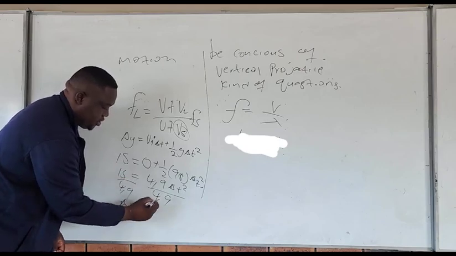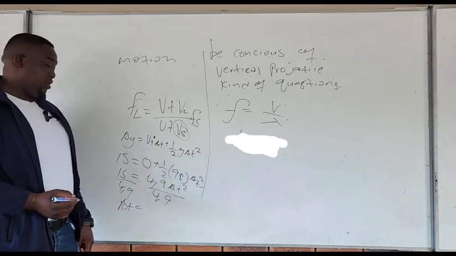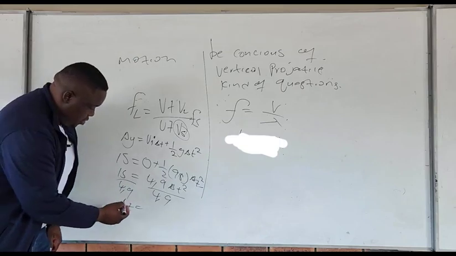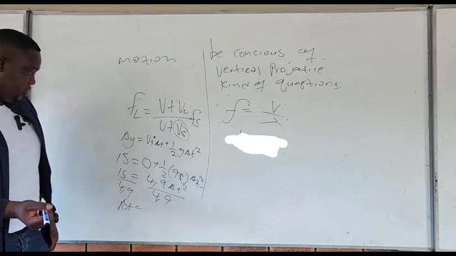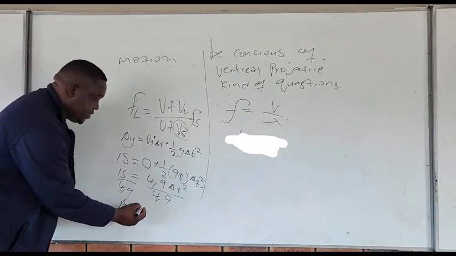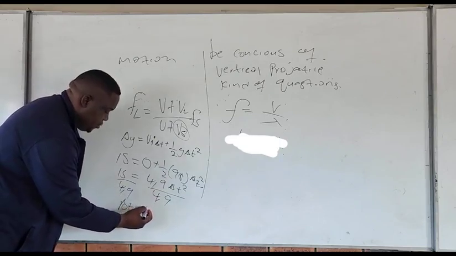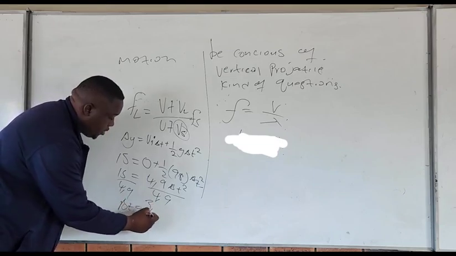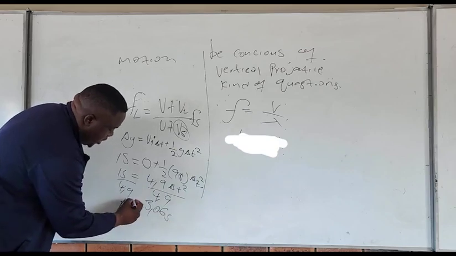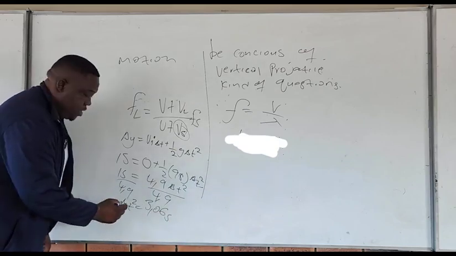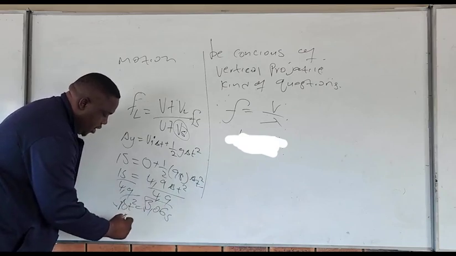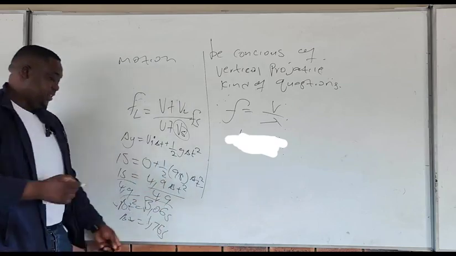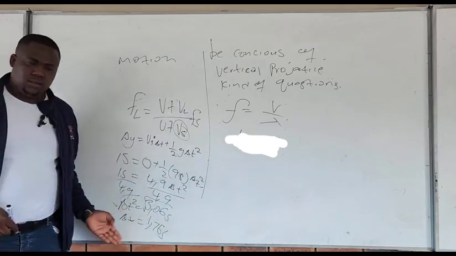Δt² equals 15 divided by 4.9, which gives us 3.06. Then we take the square root, so our change in time is 1.75 seconds.